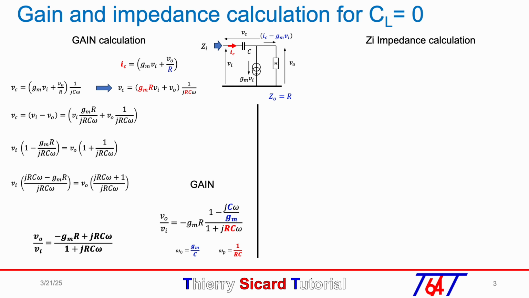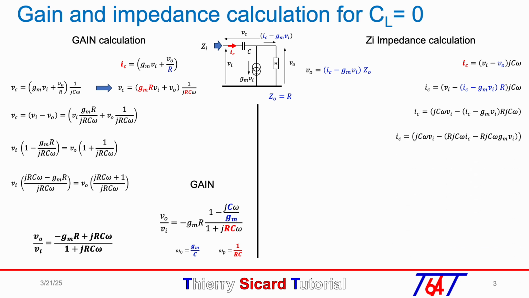We will continue calculating the impedance by writing the equation for the output voltage Vout, then the equation for IC as a function of Vin and Vout, and then replacing Vout by the Vout expression noted in blue.